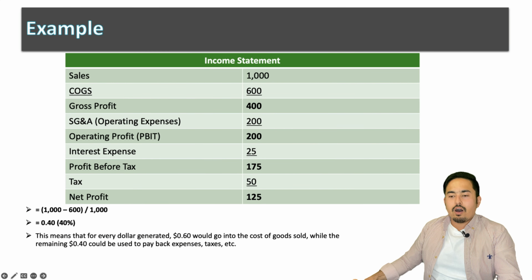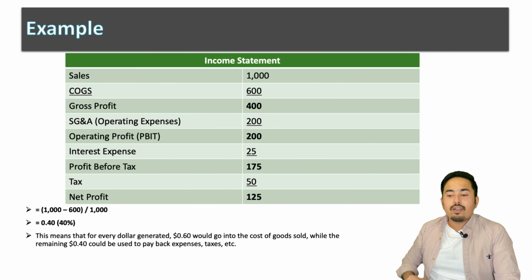We deducted the operating expense, also called selling, general and administrative expense, and reached PBIT. From that we deducted the interest expense to get PBT, or profit before taxes, then deducted tax, and reached a net profit of 125.